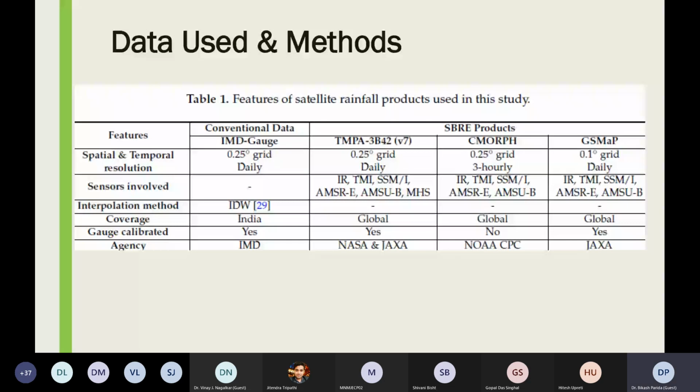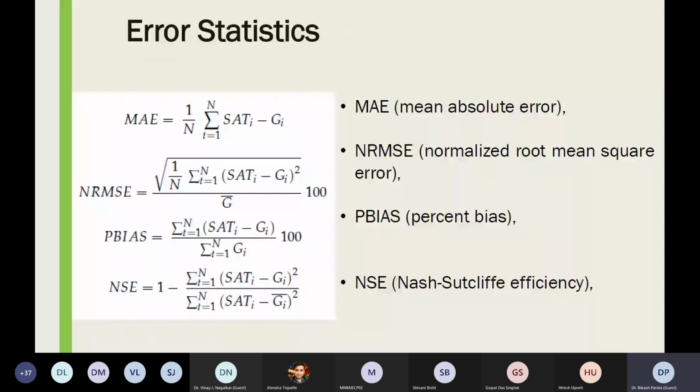IMD data is one of the basic data sets, especially for India, which is based on observation data sets. So in this study we compared all three types of satellite data with the IMD data. These are some statistical error metrics that we computed to evaluate the satellite data.